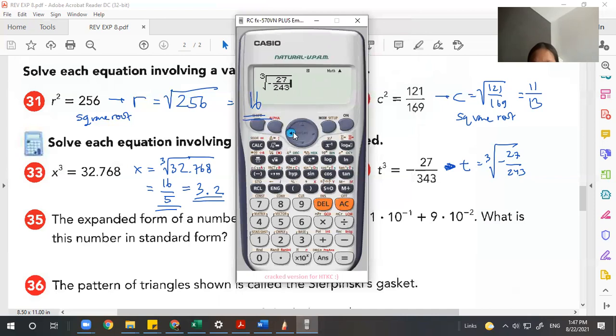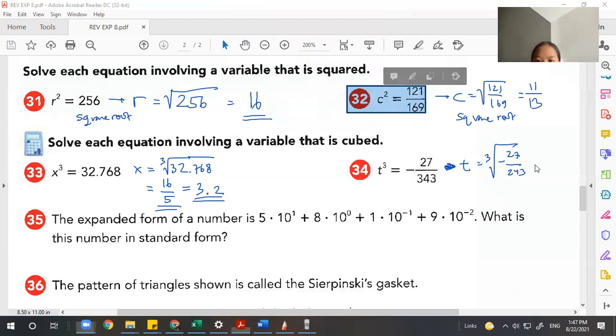Sorry, I did something wrong. This is 343. Negative 3 over 7. Okay, so the answer will be negative 3 over 7. Do you have any questions so far, Stacy?